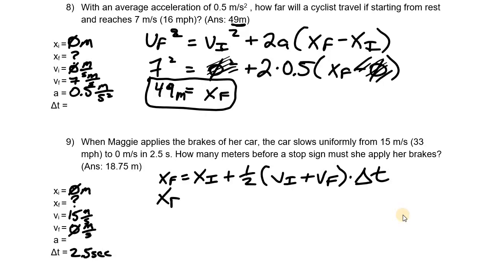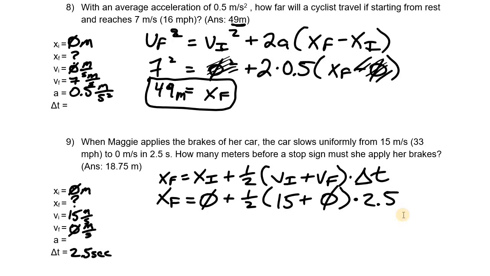All right, so here we go. We got 0 plus 1/2 our initial velocity plus final velocity, times our 2.5 seconds. This doesn't provide any value. This doesn't provide any value. So all we're left with is 1/2 of 15 times 2.5.